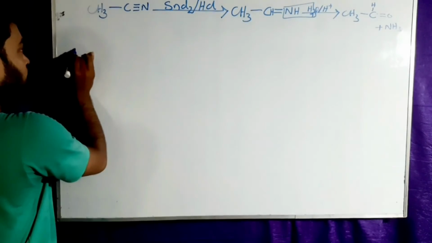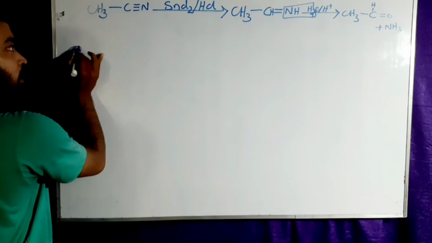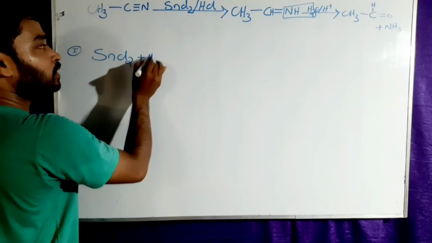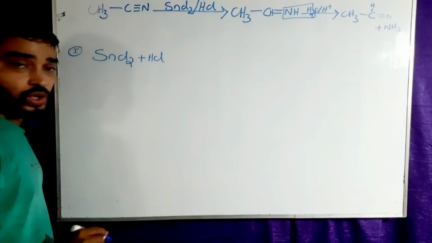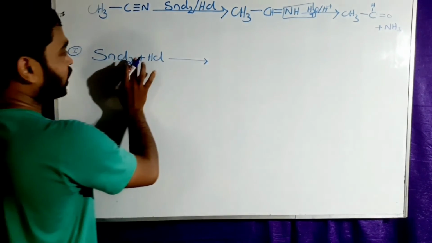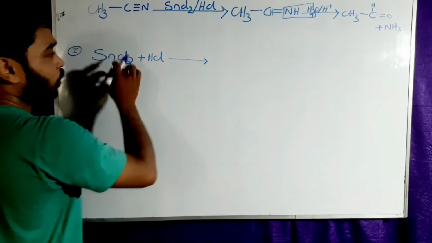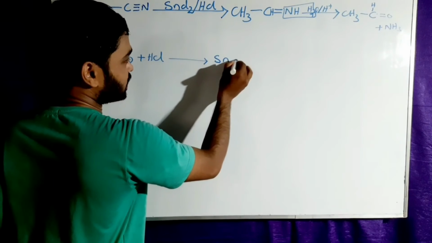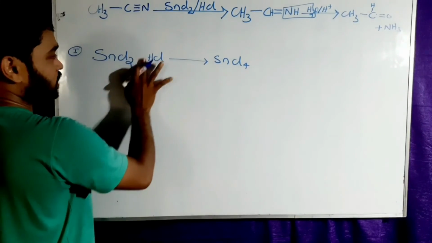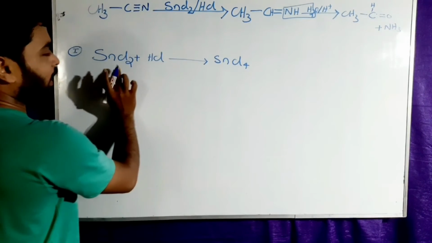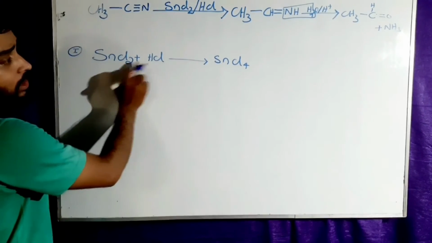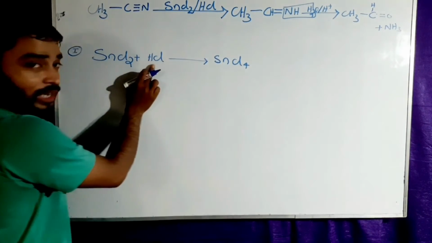So in step 1, initially the stannous chloride, SnCl2 part, will combine with the hydrochloric acid, resulting in the stannous chloride increasing its oxidation number, that means SnCl4 will be produced. So SnCl2 will combine, Cl2 will convert into Cl4. So here 2 chlorines are present, and the remaining 2 chlorines will come from the hydrochloric acid.